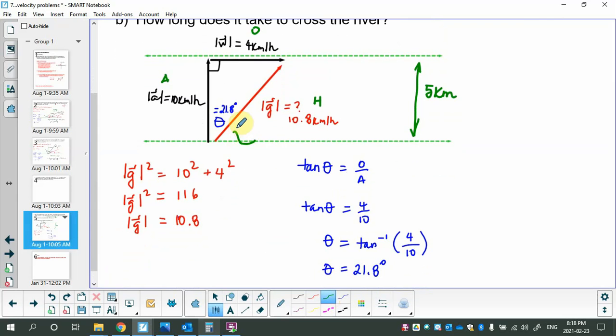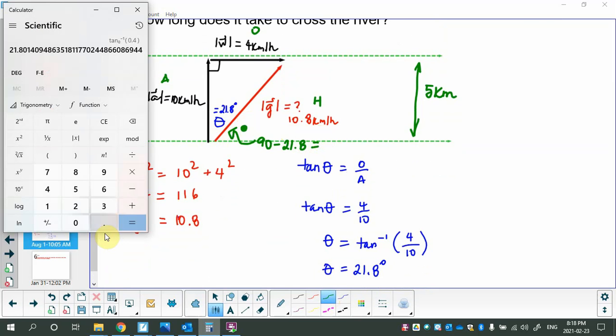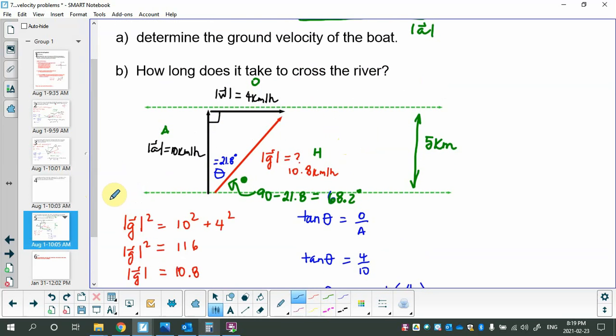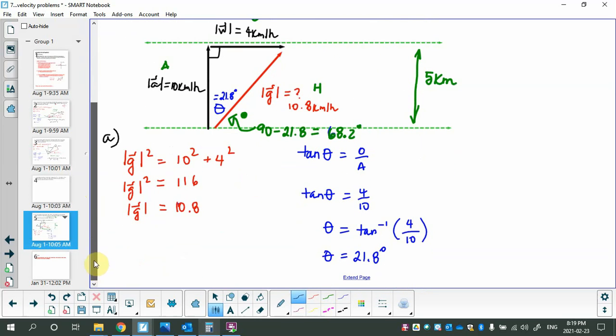I'm going to do this. I'm going to say that this corner right here is 90 degrees minus 21.8 degrees, because I want this corner with respect to the shore. That's 68.2. So I can write a therefore statement that answers part A, determine the ground velocity of the boat.